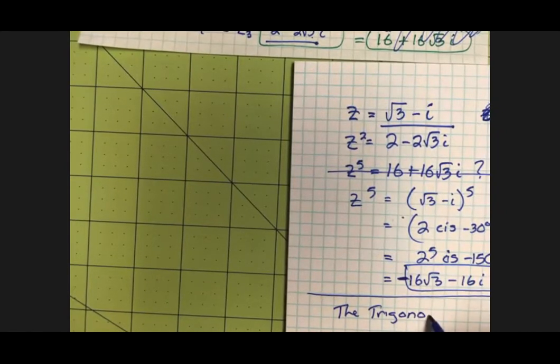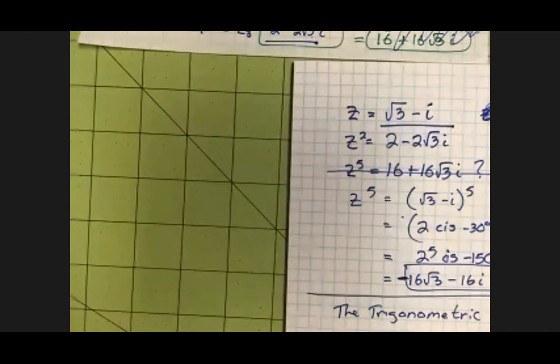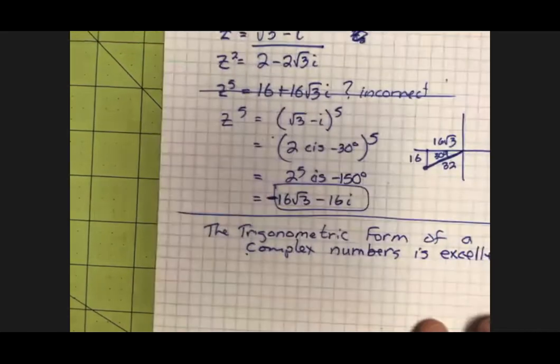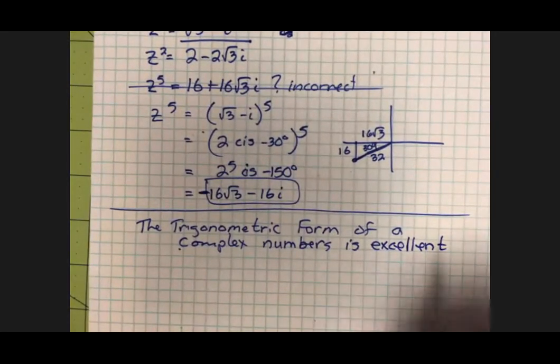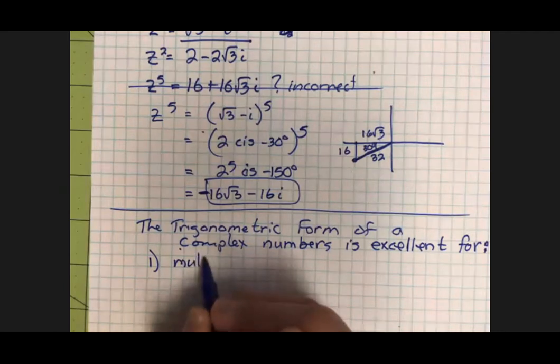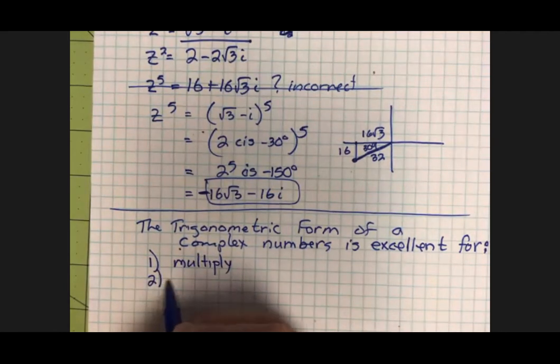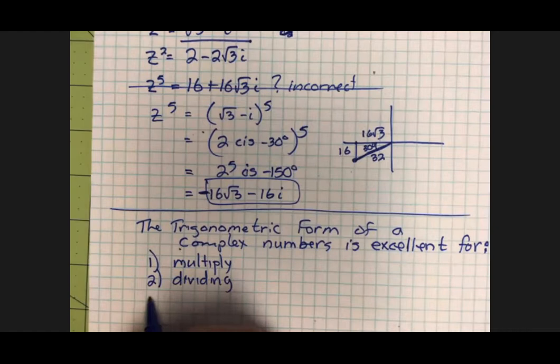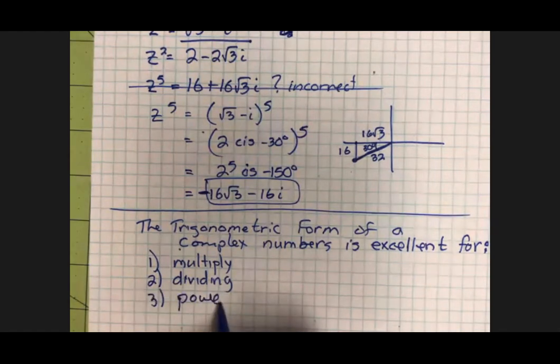How about the opposite of making powers? The trigonometric form of a complex number is excellent for multiplying and dividing, but now I also know it's excellent for taking powers.